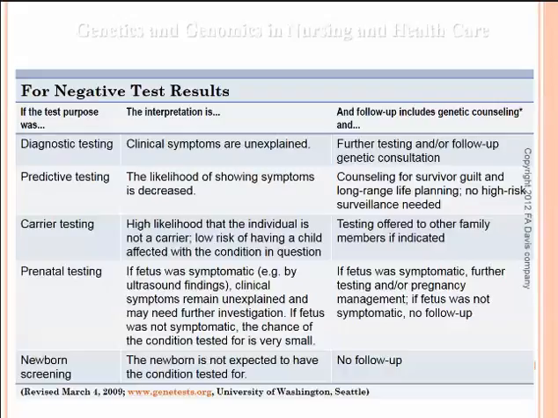Carrier testing, if it's negative, you might offer that testing to other family members if it's indicated. Prenatal testing, if the fetus is still symptomatic, so maybe by an ultrasound you see something unusual, but the genetic test that you do via amniocentesis is negative, you would have to do some further management and some further testing. Newborn screening, if the newborn is not expected to have the condition that they're tested for, there really is no follow-up.